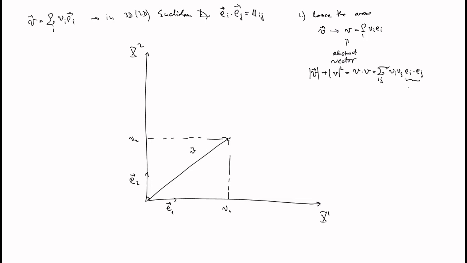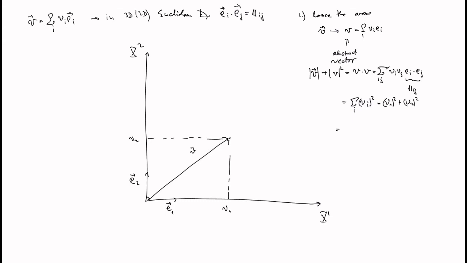And so now this scalar product here is just a unit matrix, right? What does this unit matrix do? Well, it picks up only components where i is the same as j. So in other words, this just becomes v^i squared. And this is v1 squared plus v2 squared, right?